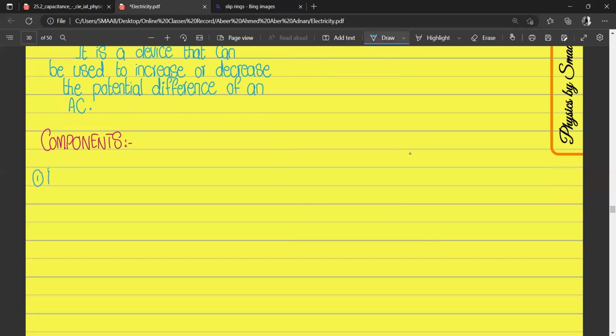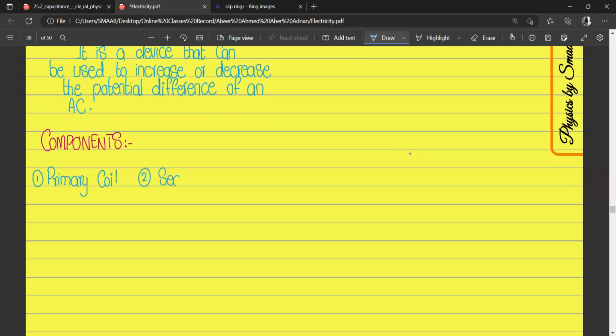There will be a primary coil, there will also be a secondary coil, and a soft iron core.